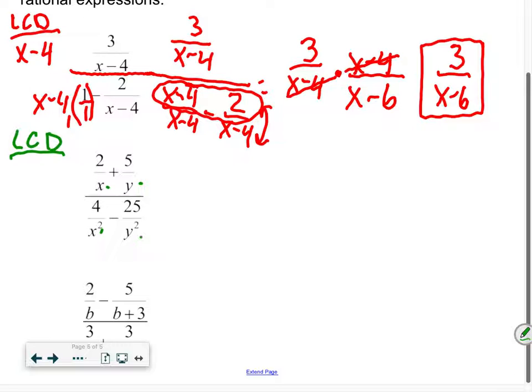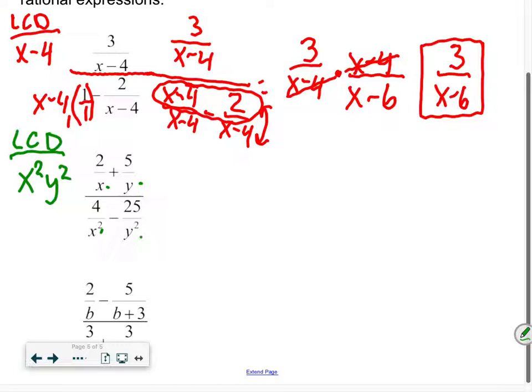Okay, the biggest denominator of both letters is x squared and y squared, and so you need to at least have an x squared and a y squared in each one of the denominators.